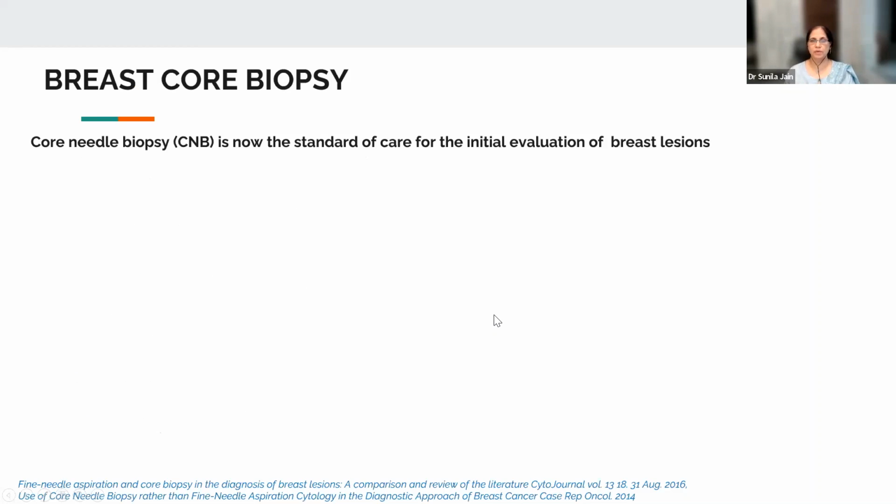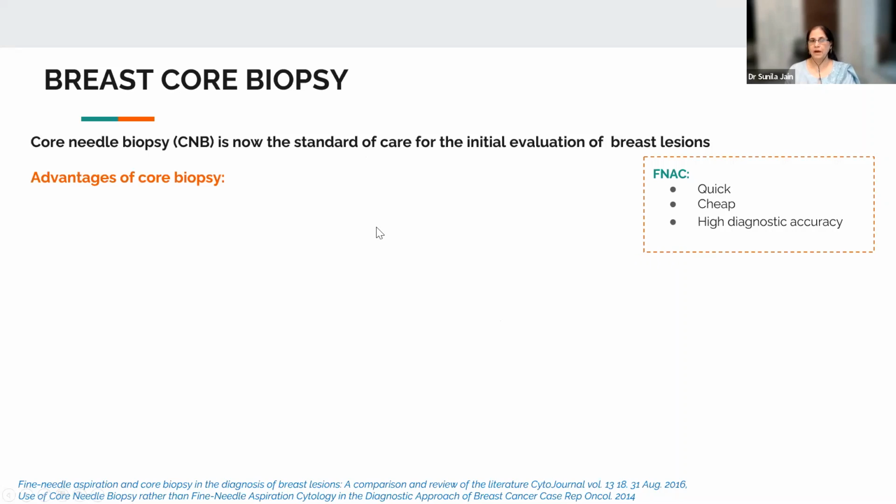Coming to the breast core biopsy, it is now the standard of care for the initial evaluation of breast lesions wherever it is available. FNAC is quick, cheaper, and has a high diagnostic yield, but there are many more advantages of core biopsies.